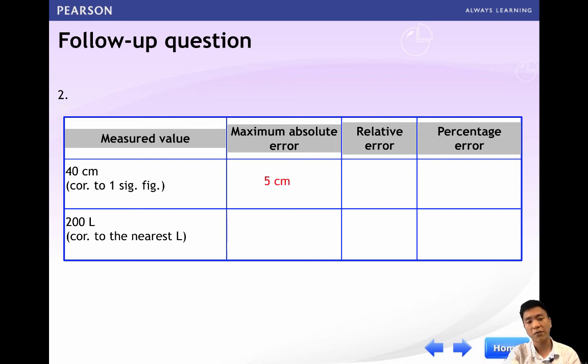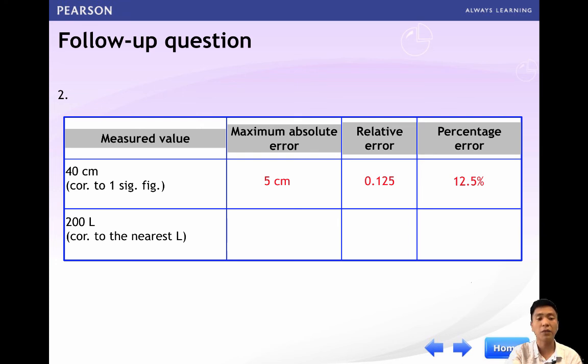For the relative error, we divide the maximum absolute error by the measured value, so 5 over 40, which is 0.125. Then for the percentage error, we change this relative error to a percentage, that means 12.5%.